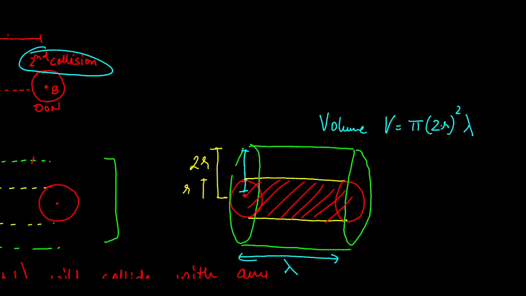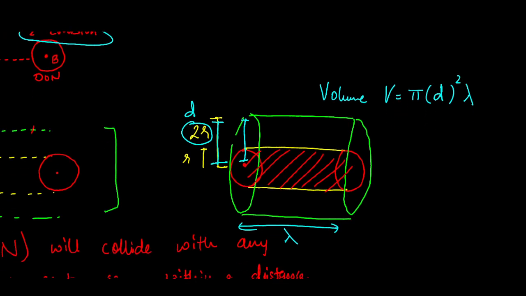Did you understand? Or d, 2r or d for diameter. Got it? This is the radius of this green cylinder. Okay, that is d. 2r equal to d. So now bring this volume here.